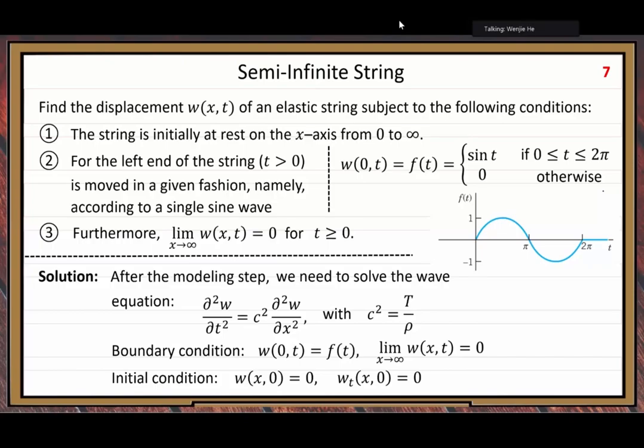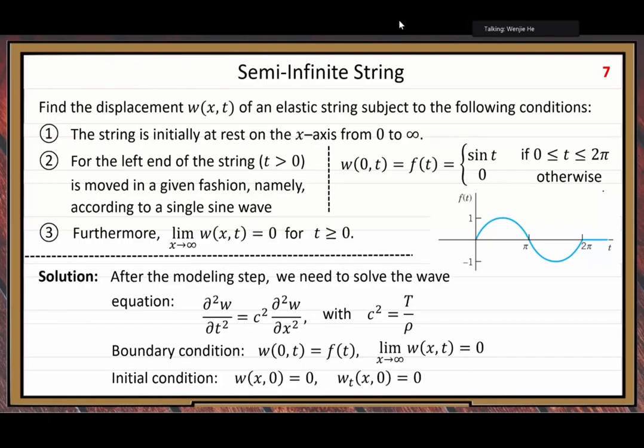All the given conditions. Next, we need to find a solution for this PDE, and we have the Laplace transform as the tool. So now we are ready to apply the Laplace transform. But let me explain this one a little slower, because it's not very easy to understand.